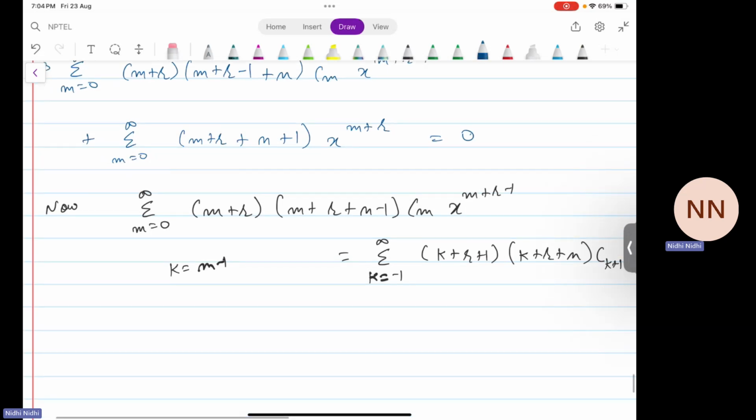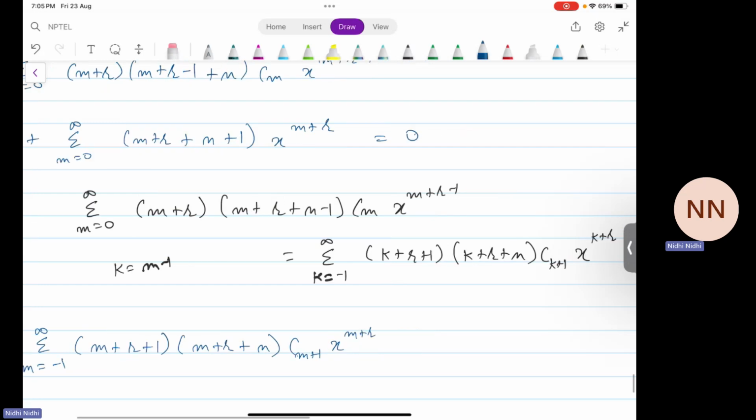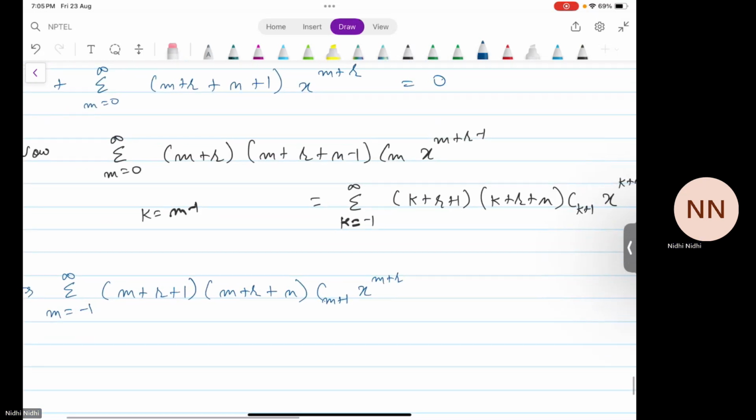So we'll get summation m from minus 1 to infinity m plus r plus 1 times m plus r plus n times c m plus 1 x to the power m plus r, plus summation m from 0 to infinity m plus r plus n plus 1 Cm x to the power m plus r is equal to 0.